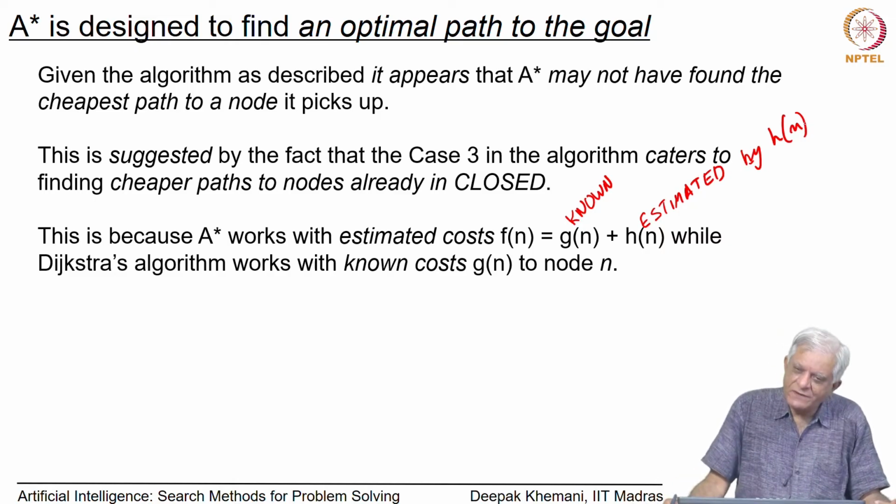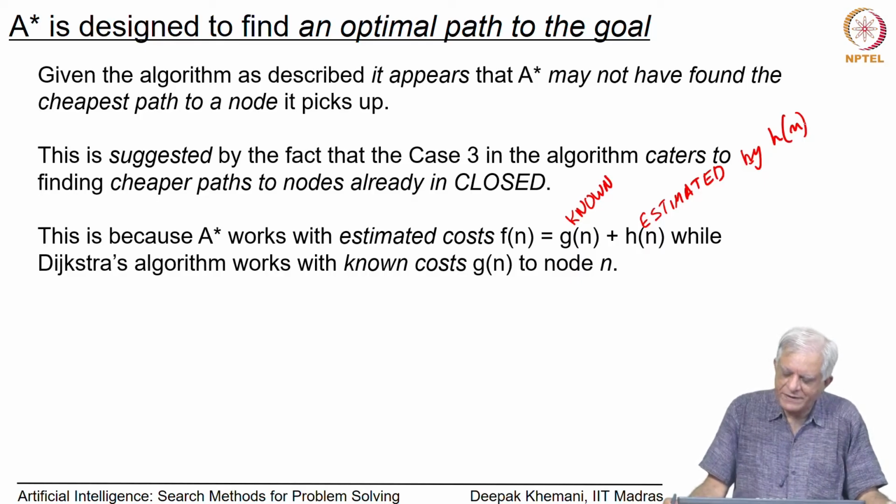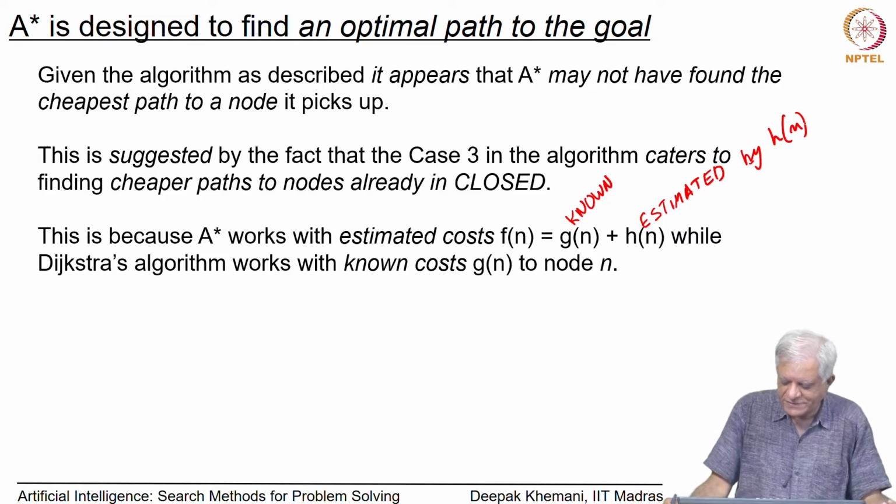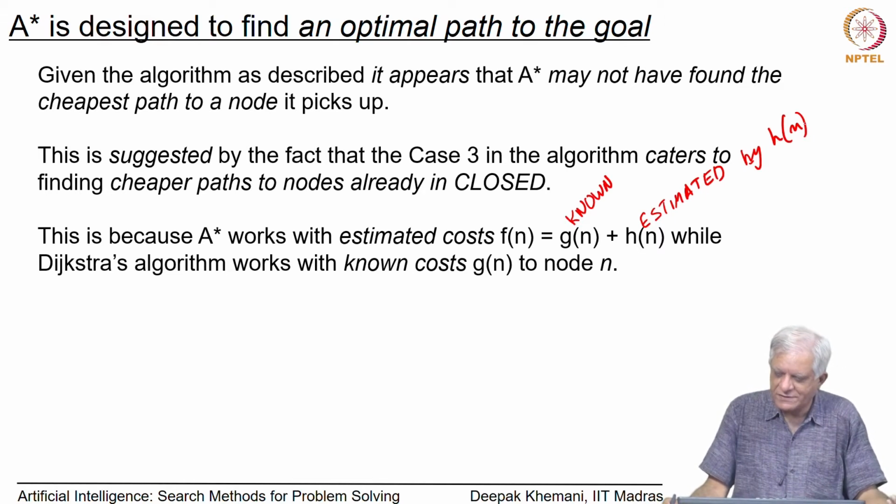Dijkstra's algorithm always worked with the known cost g of n, and therefore it knew that when it had reached a particular node, the known cost was always the best cost available. But since the estimated cost f of n for A star depends on both g of n and h of n, and h of n is only an estimate, you cannot be sure that at the point you have picked node n, g of n is the lowest value for that node.